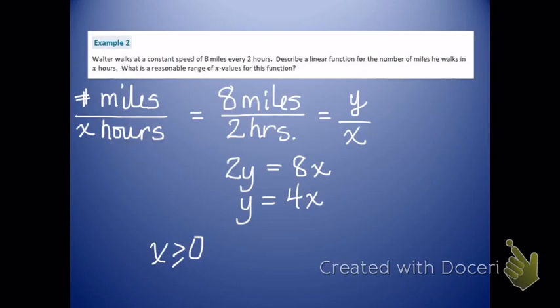There might be a reasonable number of hours that he could potentially walk, but we really don't know what the time length is. So we know that at the very least, our time has to be more than 0 because we cannot travel backwards in time. So since x is going to be positive, then the distance will also be positive.